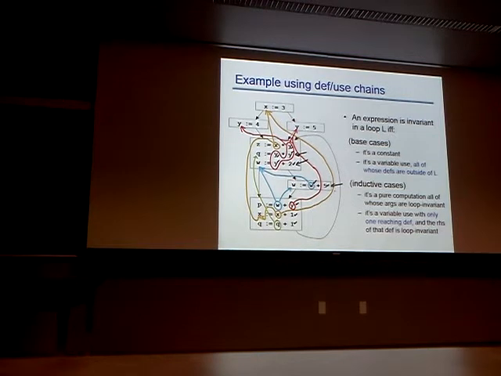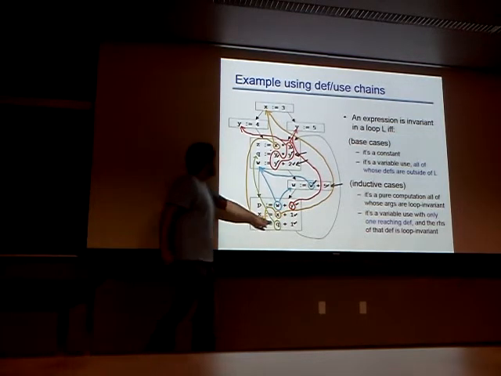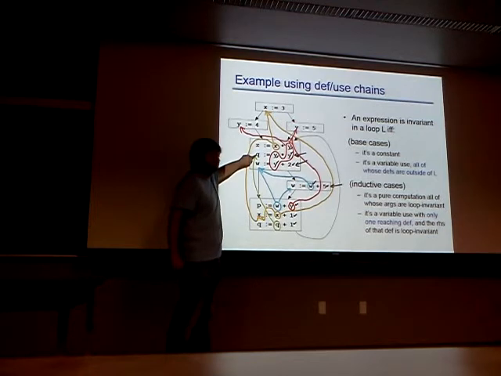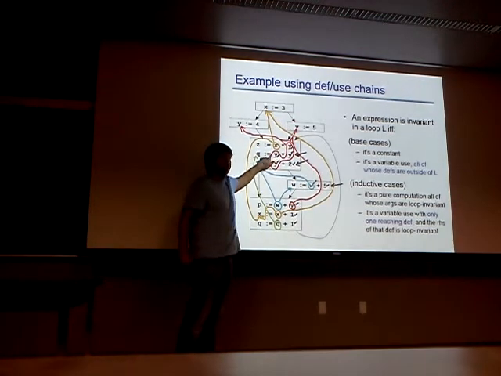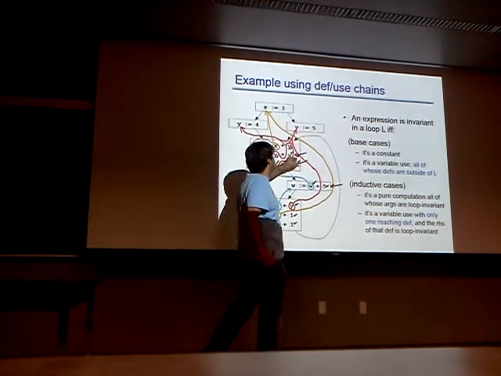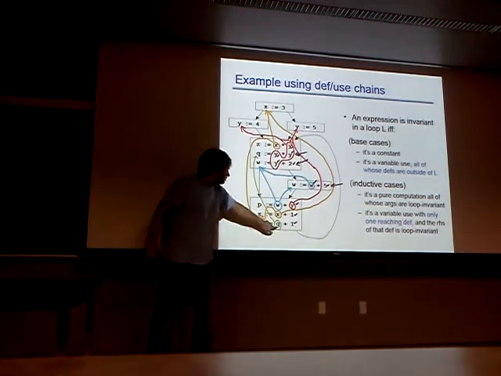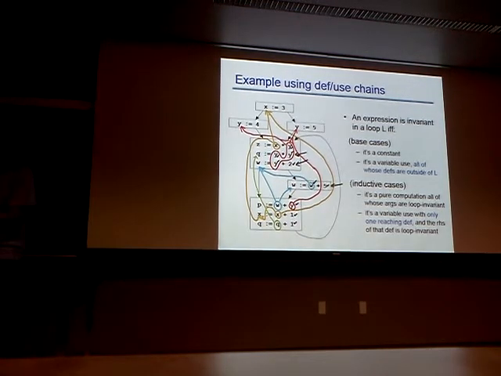And then, oh wait, this one. So this Q as well. This Q has only one reaching definition, and the right-hand side is loop invariant, right? Because I labeled with this arrow, that's loop invariant. So that Q is also loop invariant. And now we have this plus, which takes two loop invariant things, and so this is also loop invariant.